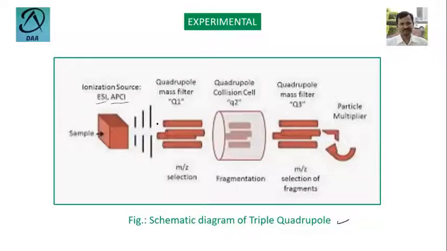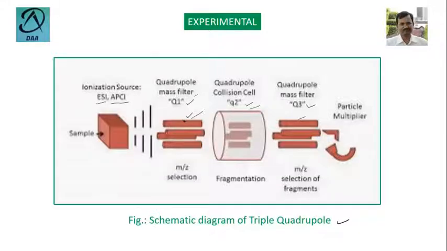And after ionization, it will go to a triple quadrupole. It is written there because there are three quadrupoles: 1, 2, 3. Why quadrupole? That means four rods are there in every case. That's why it is called quadrupole, and triple means three are there. So the first one we call Q1, the second quadrupole we call Q2, and the third quadrupole is the mass filter Q3. With the first quadrupole mass filter, we will identify the precursor ion.